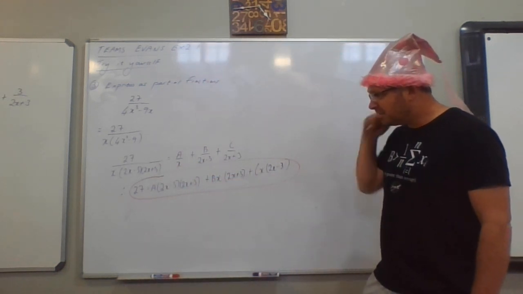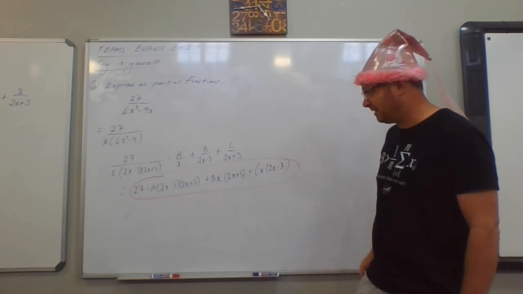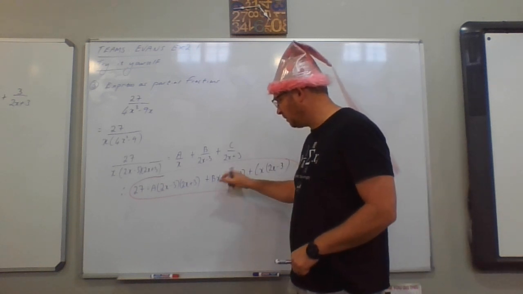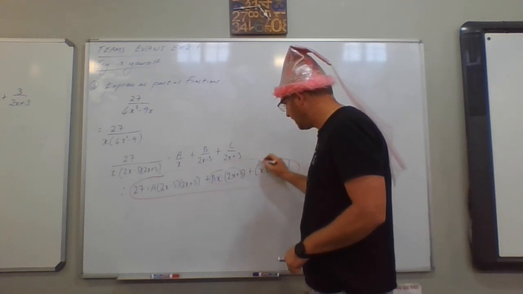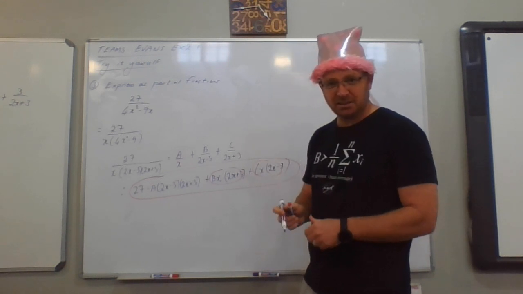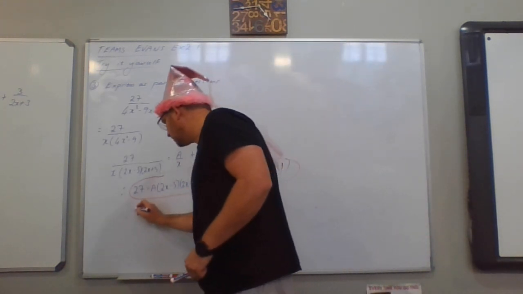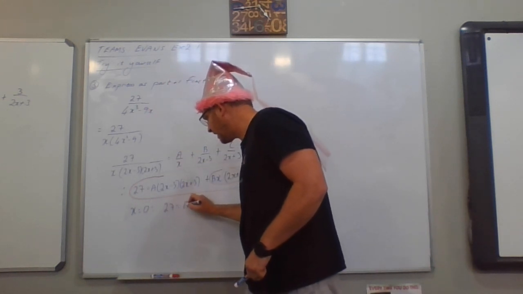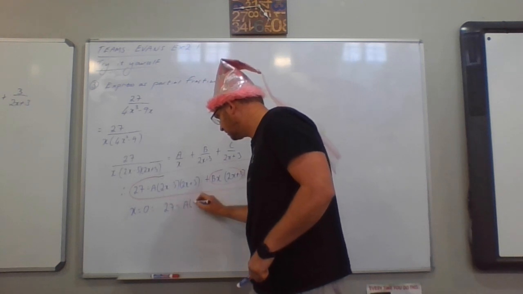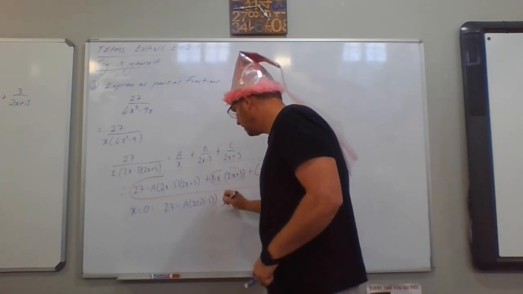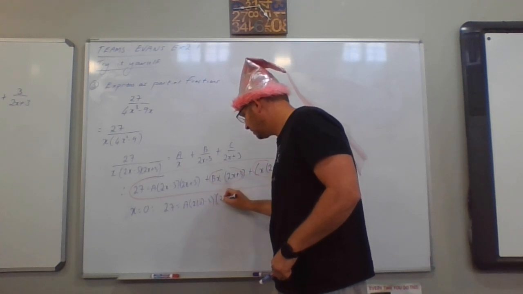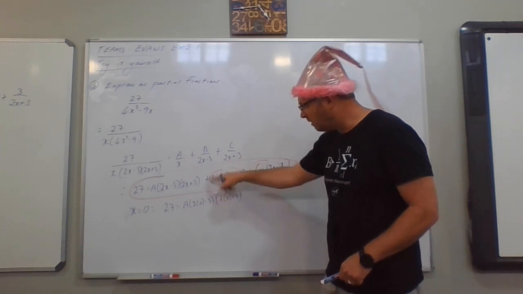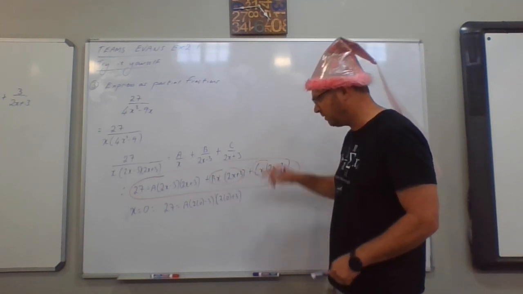So the first thing, I want to sub in to get rid of things. If I sub in x is equal to 0, I'll get rid of that thing over there, and I'll get rid of that thing over there. So if x is equal to 0, I'll get 27 is equal to a times 2 times 0 minus 3, times 2 times 0 plus 3. bx will be b times 0, so that whole thing will disappear. cx will be c times 0, so that whole thing will disappear.